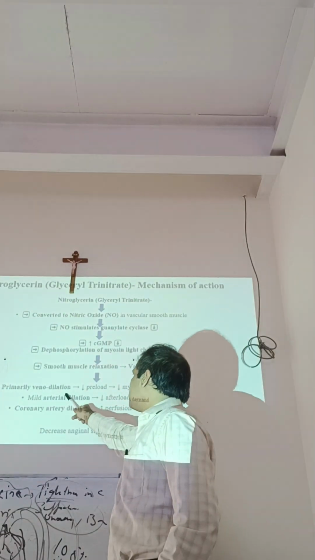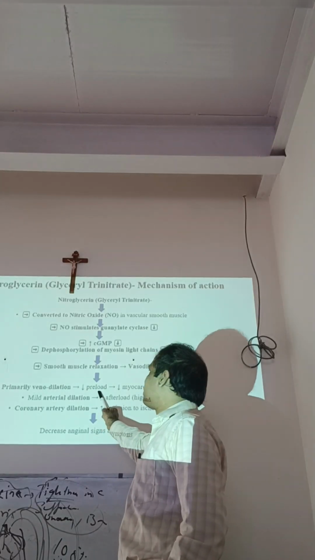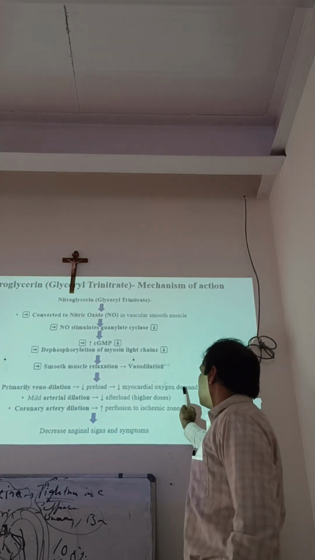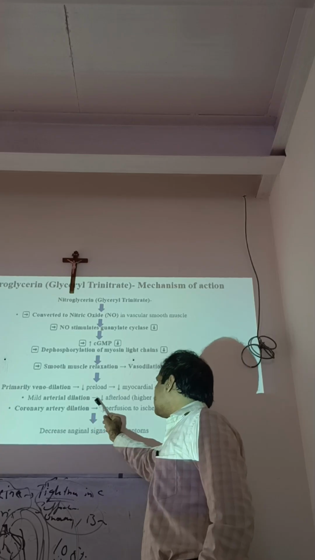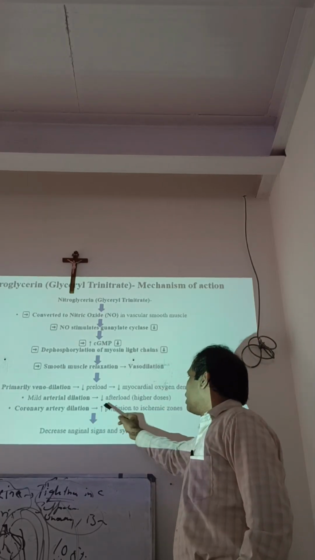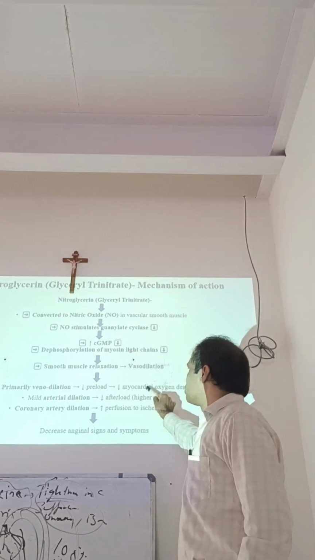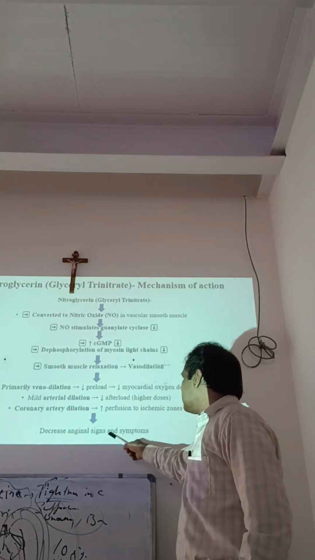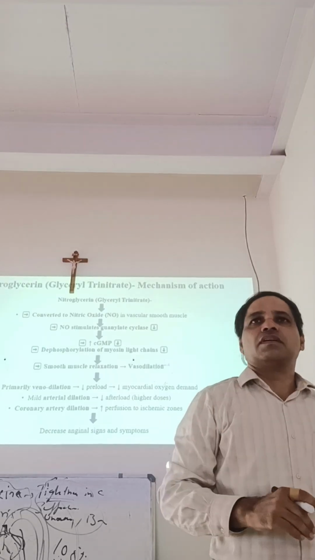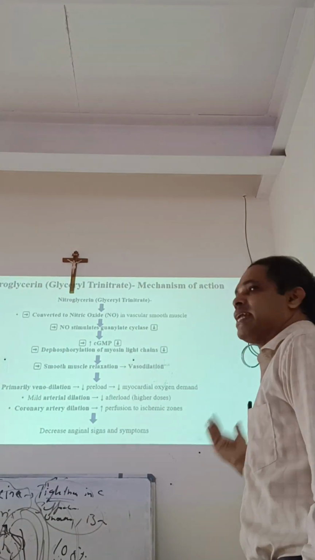Because of this venodilation, preload decreases, and myocardial oxygen demand decreases. Mild arterial dilatation decreases afterload, and coronary dilatation increases blood flow to the ischemic area. Because of all these three, anginal symptoms decrease. That's all. They are mainly vasodilators.